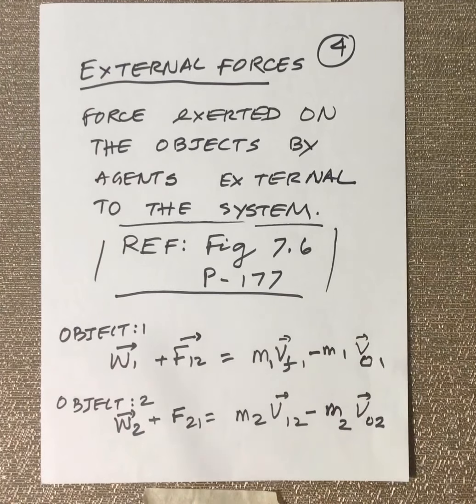So we can define the force exerted on the objects, which are the agents of external forces on the system. Refer to figure 7.6, page 177. Let me show you the picture now.